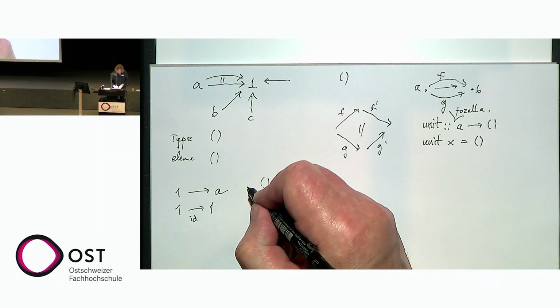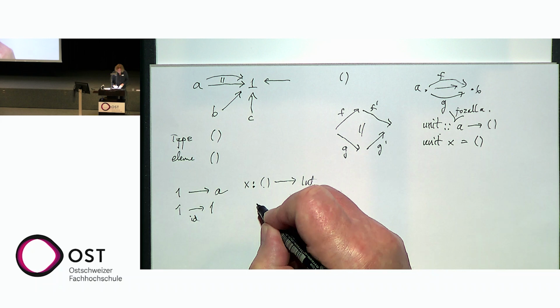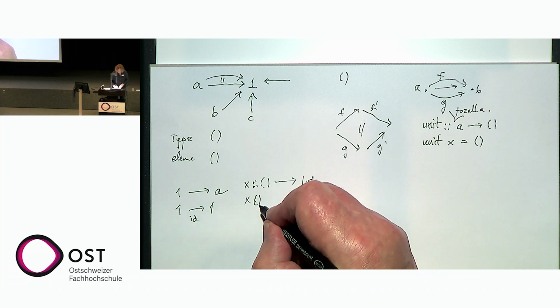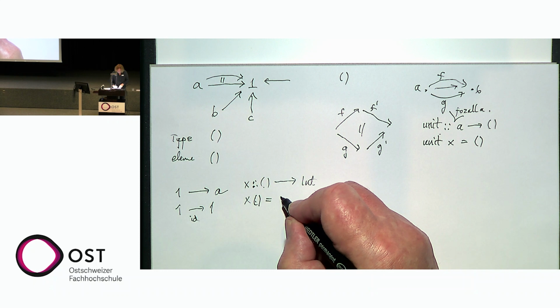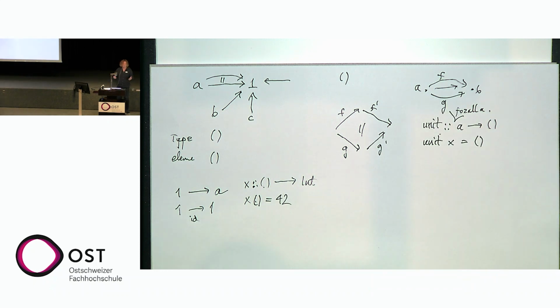We can implement this: let's call this function x, and give it x of unit equals 42. It's a good function, but it's not unique. There are many other functions. There's 43 and so on.